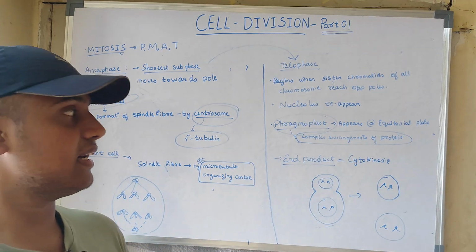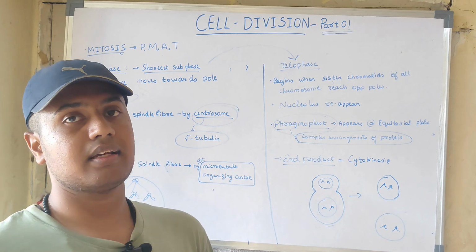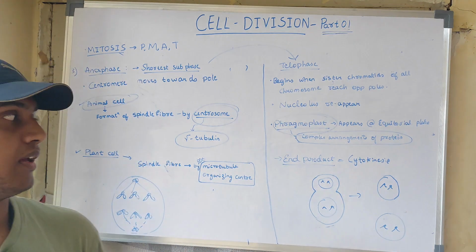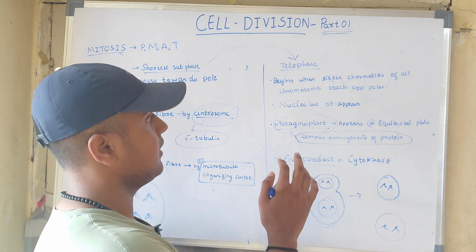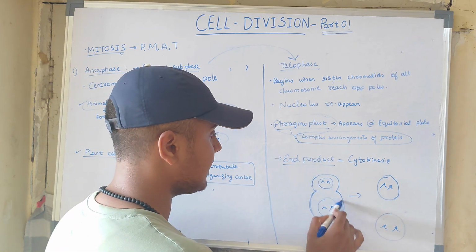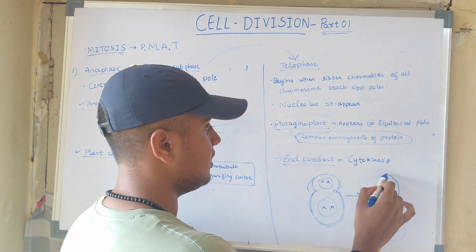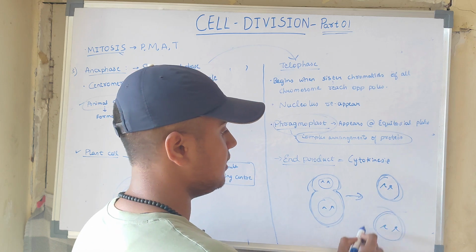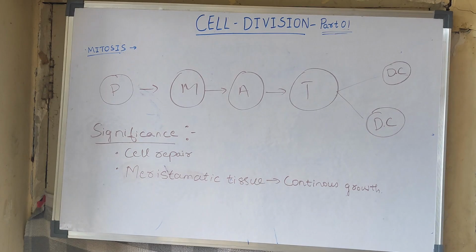Phragmoplast is nothing but a complex arrangement of proteins which helps in cell division. And as we discussed earlier, cytokinesis is the end event of telophase. In telophase, the nucleolus reappears and cytokinesis occurs, which leads to daughter cell formation.